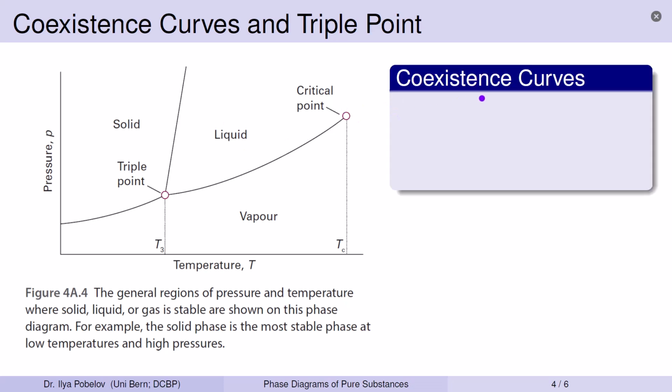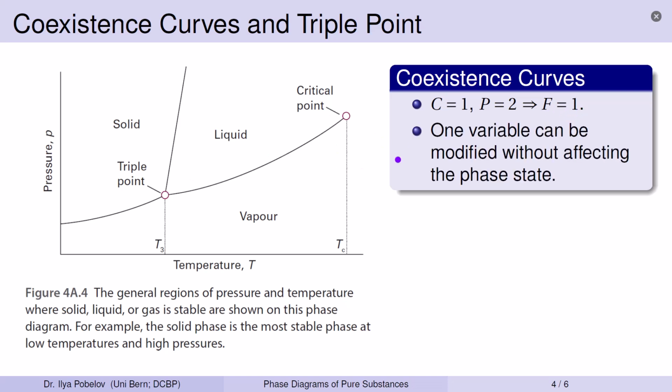These are coexistence curves. In a scenario with one component and two coexisting phases, the number of degrees of freedom becomes 1. This means that in a one-component system, the states corresponding to equilibria between two phases are represented by a one-dimensional object, a curve.